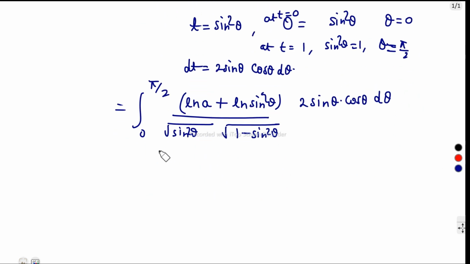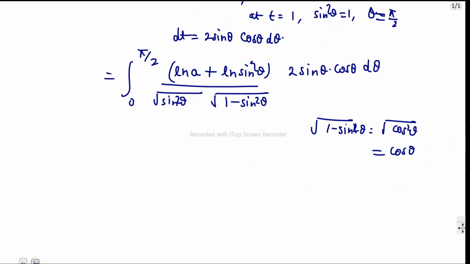We also know that the square root of 1 minus sine squared theta is the square root of cos squared theta, and that equals cos theta.